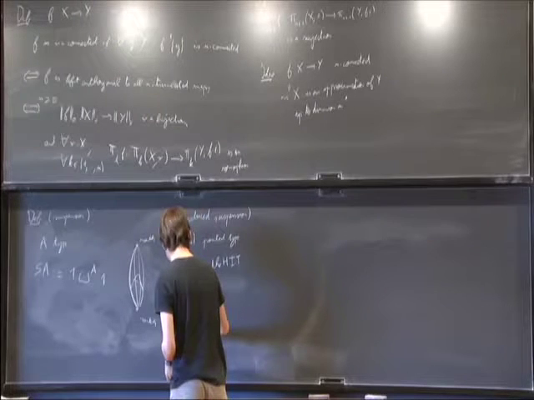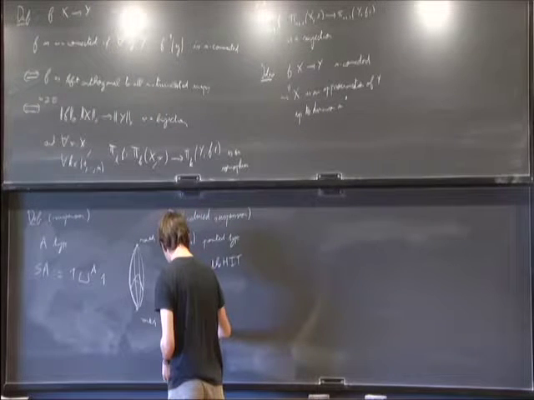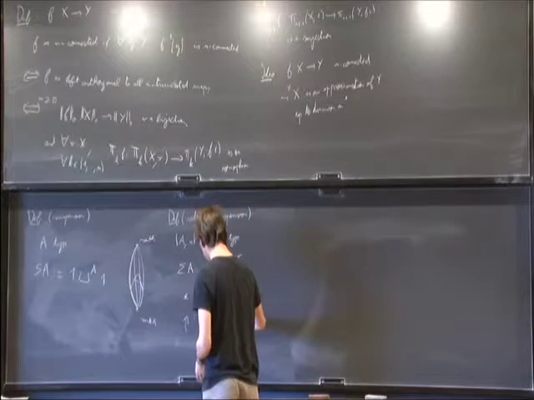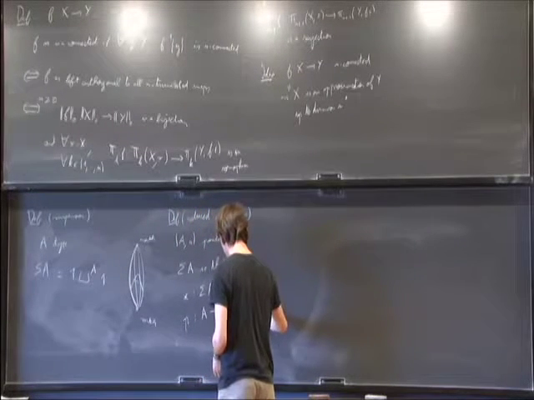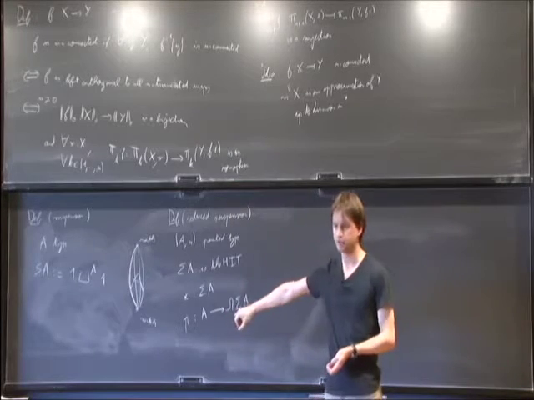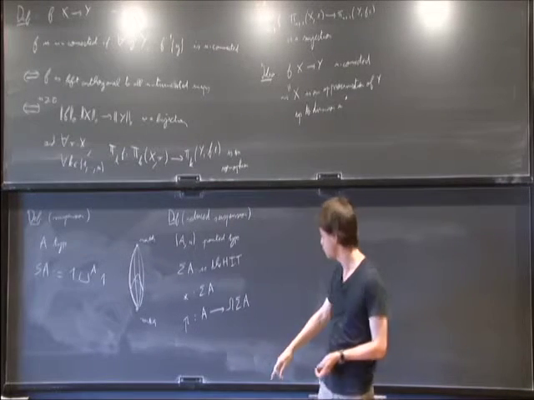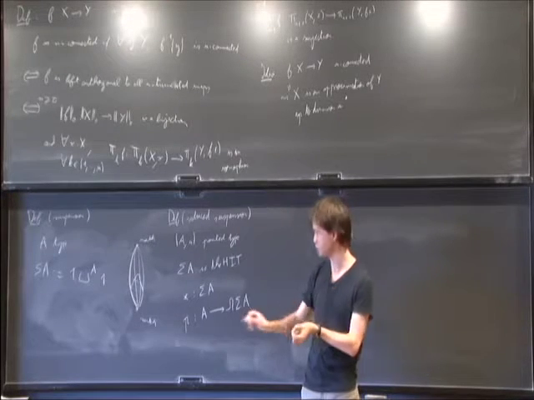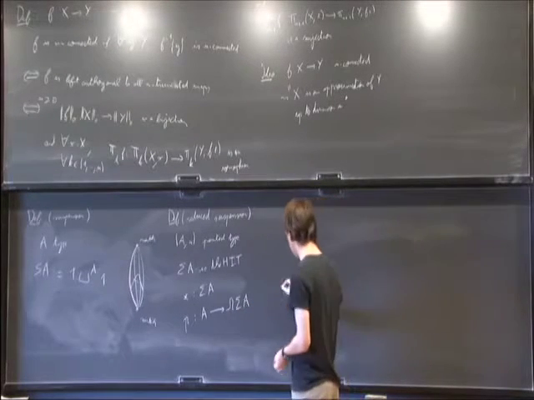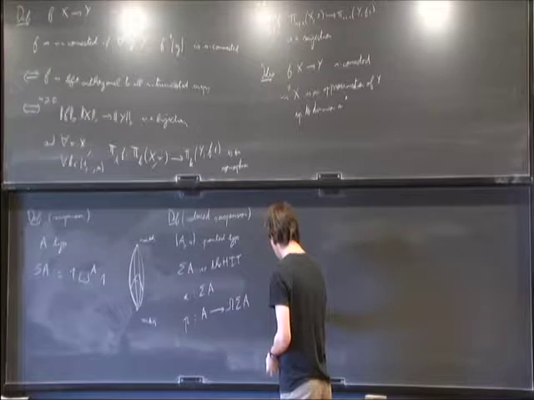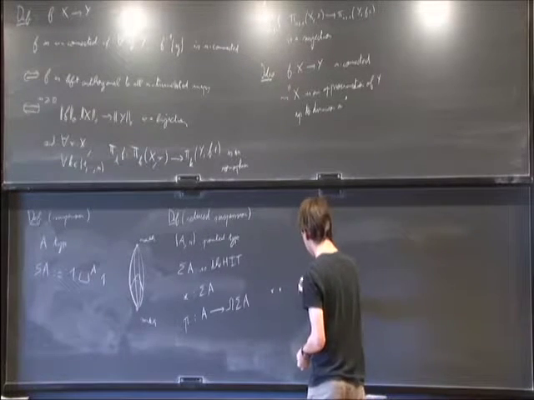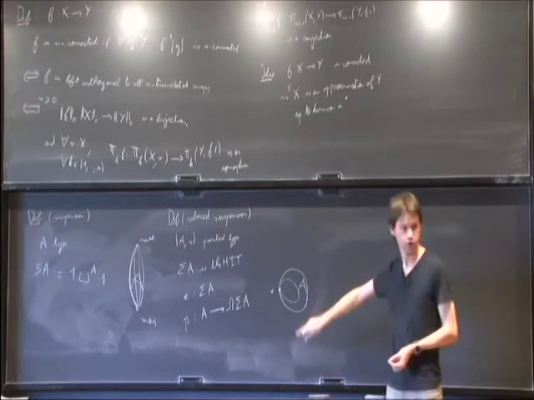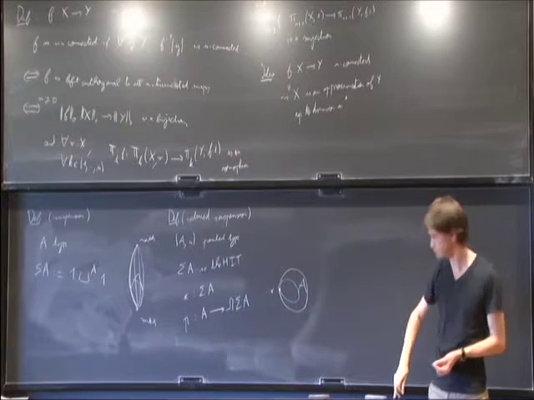Then for all elements of A, you will have an element of the loop space of the suspension. So for all points of A, you will get a loop in the suspension of A from the base point to the base point. So if this is the base point and you have A, you have a bunch of loops like that.